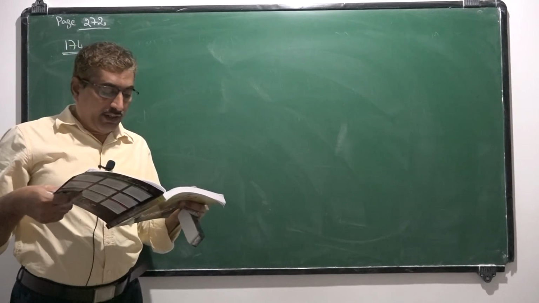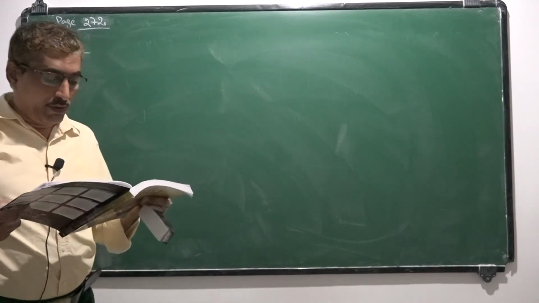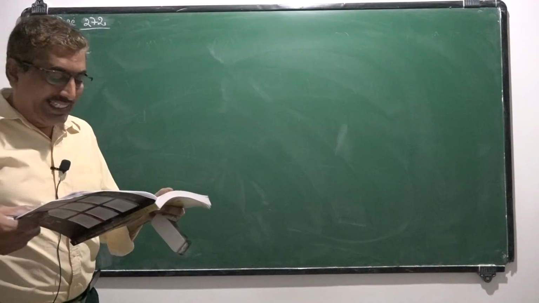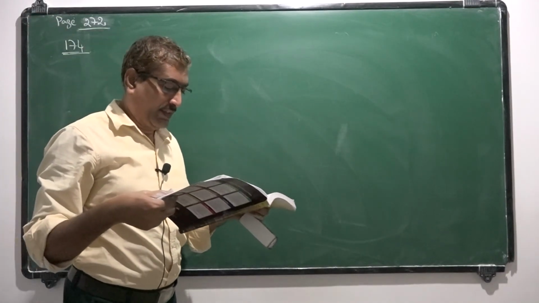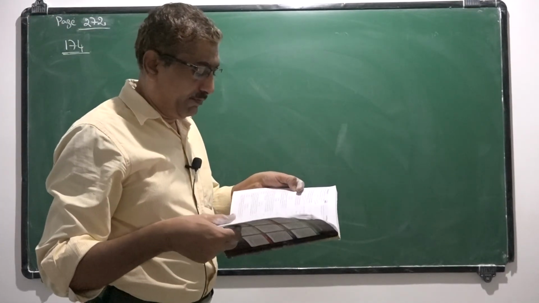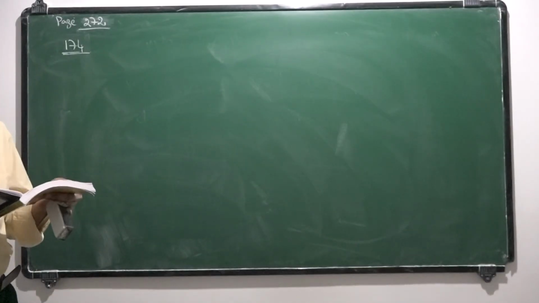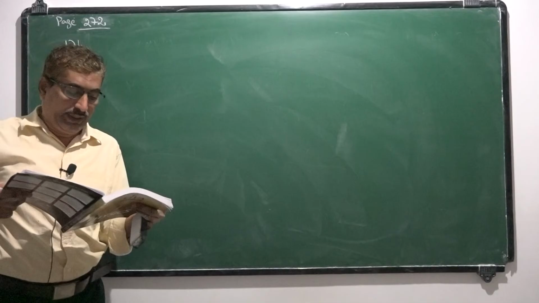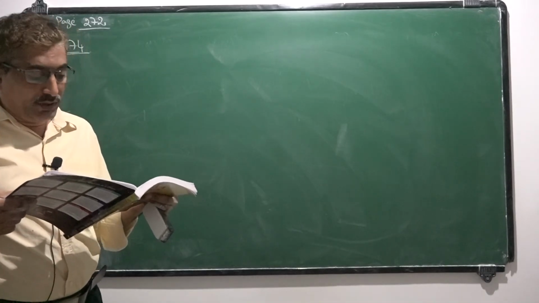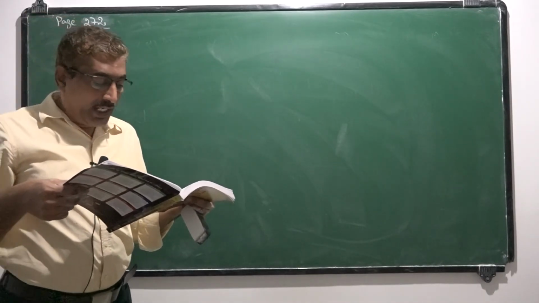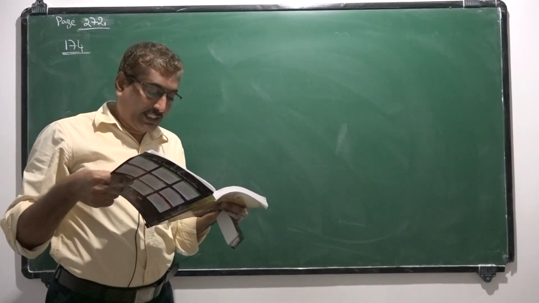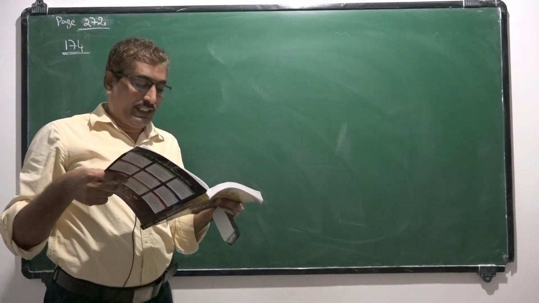On keeping a weight of 50 gram over its top, it is just submerged in the water. The specific gravity of wood is? Once again, a wooden cube is found to float in water with half centimeter of its vertical side above the water. On keeping a weight of 50 gram over its top, it is just submerged in water.